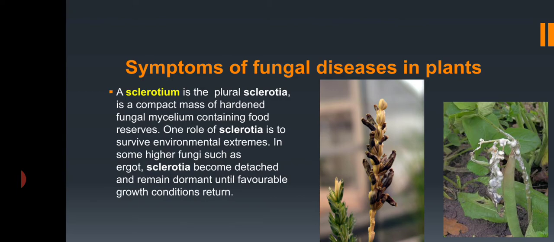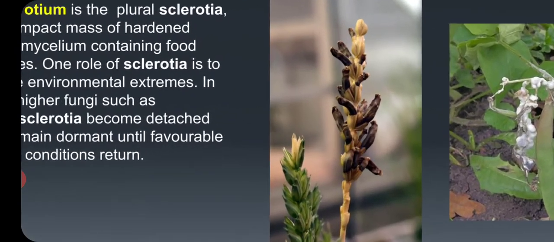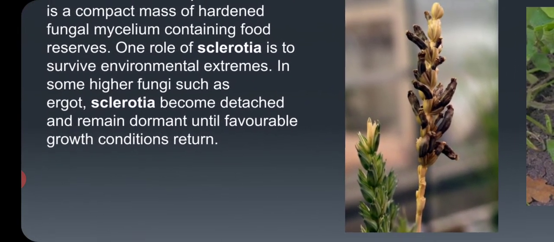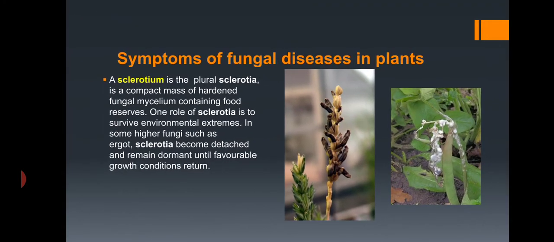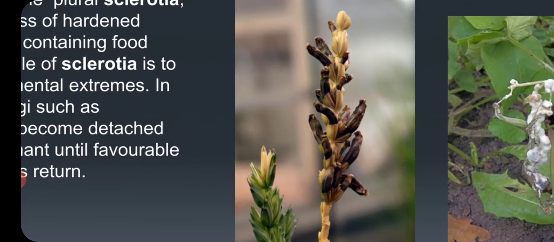So, in some higher fungi it may cause some diseases, that is called ergot disease, and there also we can see it. Actually this first figure is ergot disease on wheat. Okay. So, it very much resembles that of wheat.